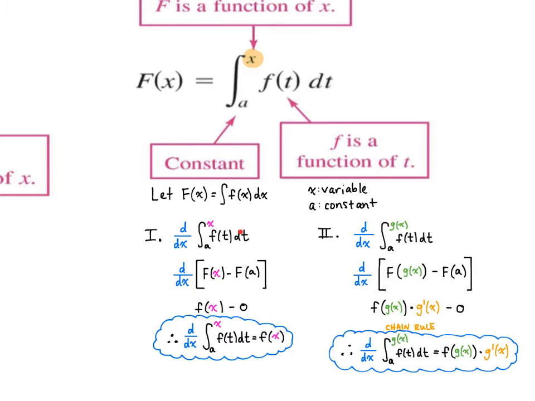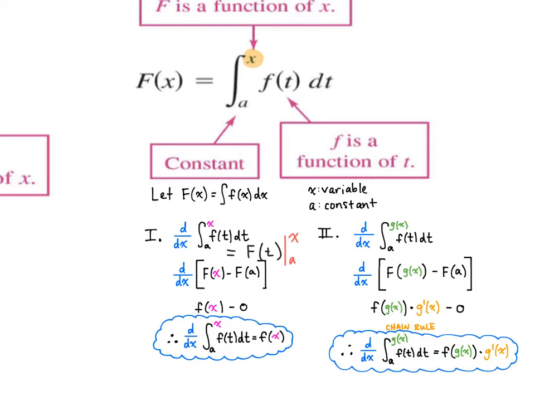Let's just focus on integrating this portion, okay? So we're going to integrate this f of t dt from a to x. When we integrate this, we get big F of x minus big F of a, right? Because this is essentially equal to big F of t evaluated from a to x.